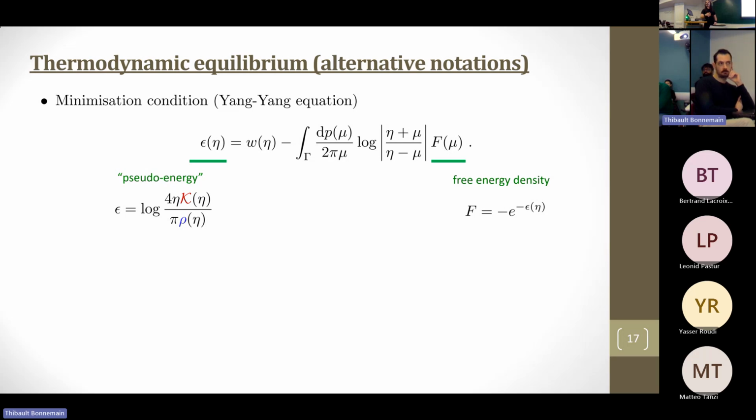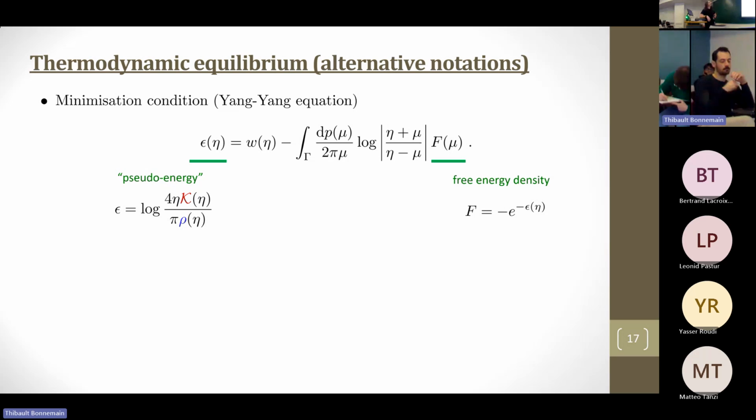So, yeah, this is a dressing relation. And this minimization condition can also be written like that. So this form is closer to the one derived by Bonnemain in the paper on the thermodynamic determinants, right?